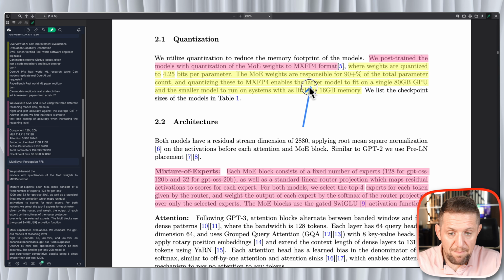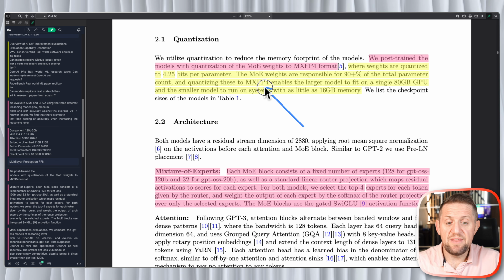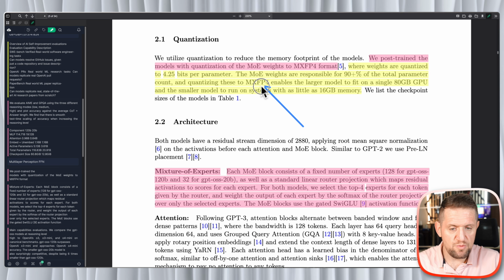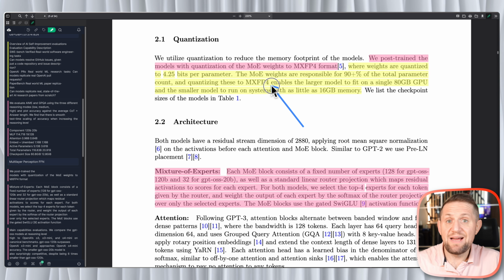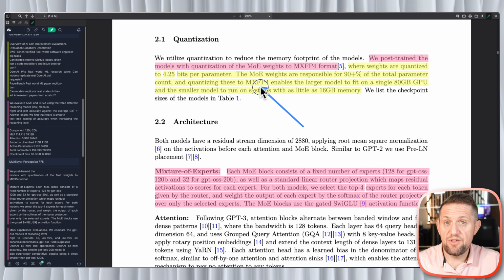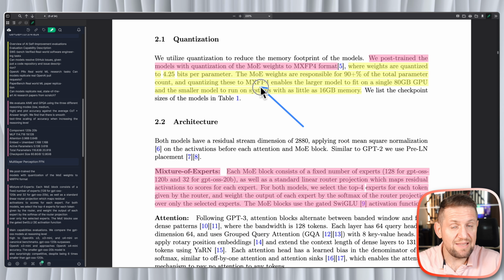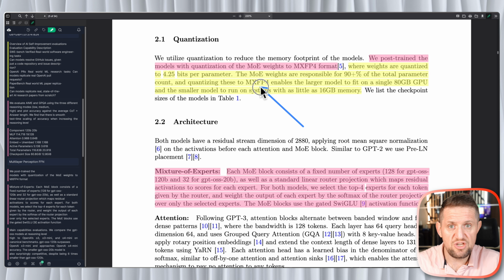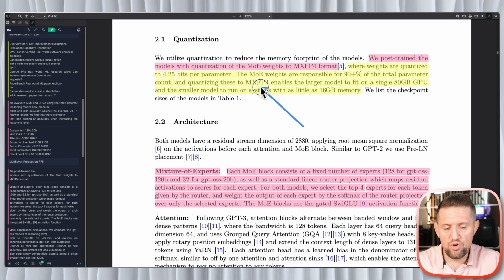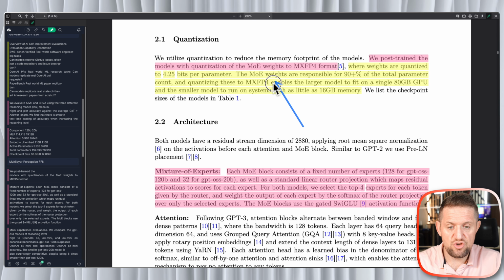Now, if you remember, in DeepSeek, they used the FP8, if I'm not mistaken. So when you run the calculations in the transformer, you can run the whole thing on the 32-bit calculations, which is heavy and not in all cases necessary, not for all the calculations to get the attention and the details that you want before you push it to the feed forward and the mixture of experts.